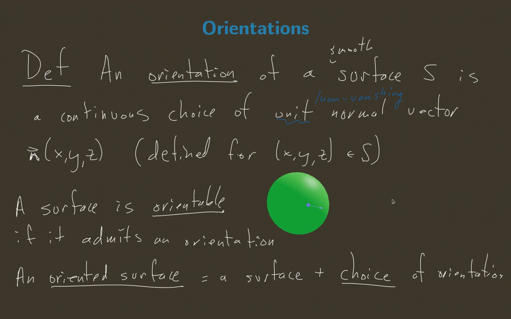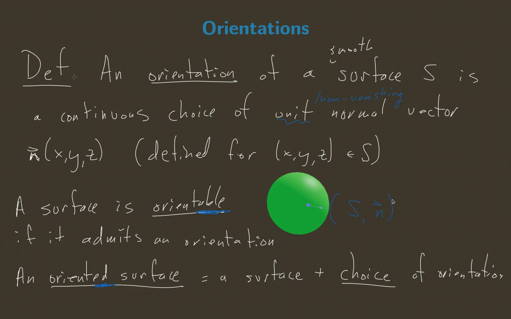Pay attention to the difference between orientable and oriented. A surface is either orientable or not, and that's just a property of the surface. An oriented surface is really a surface plus some additional data of a choice of orientation.